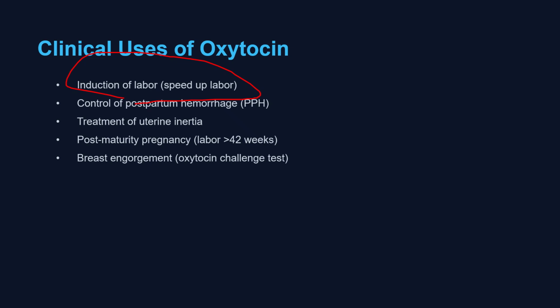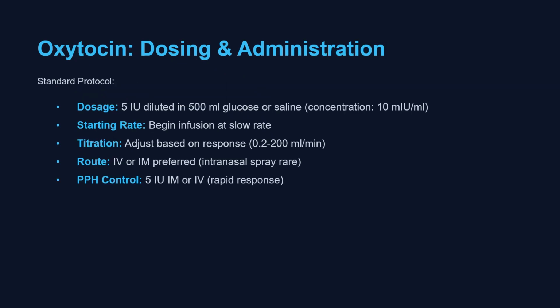That is one of the uses. It can also be used for treatment of uterine inertia, in post-maturity pregnancy, and in breast engorgement, as we discussed in the previous slides.